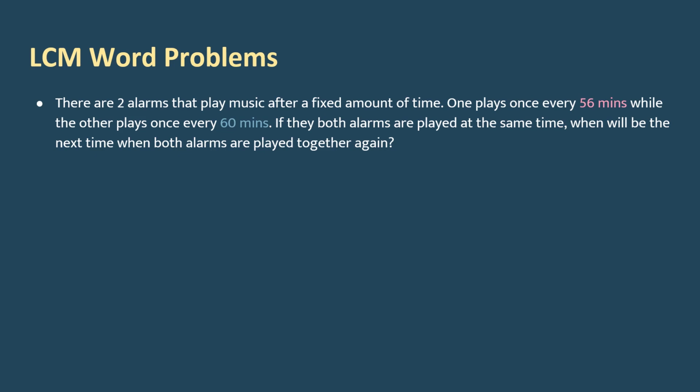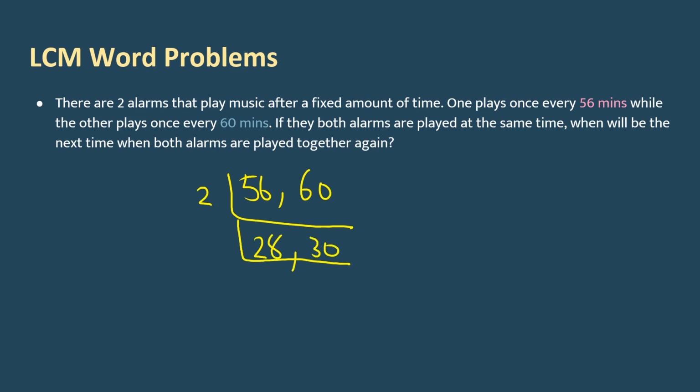Now first we need to find the prime factors of 56 and 60. We can divide both by 2 to get 28 and 30. We can divide by 2 again, and this gives us 14 and 15.